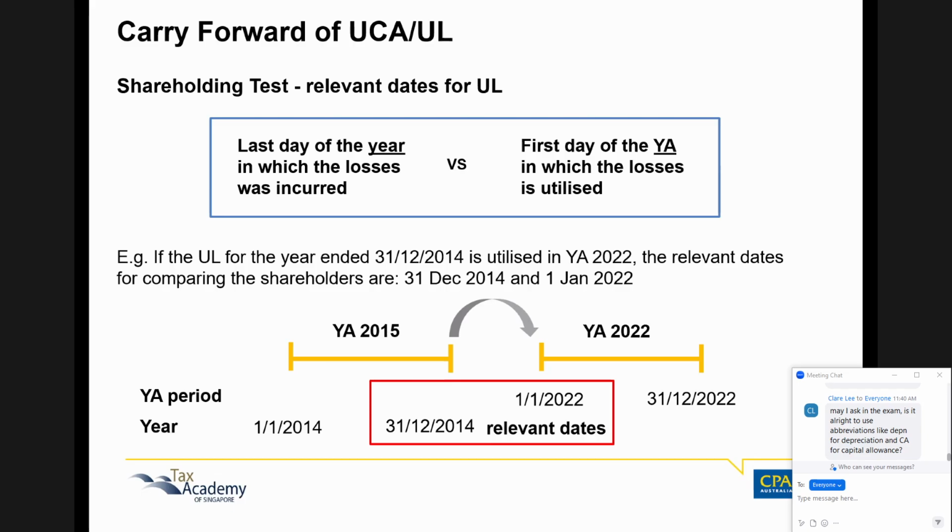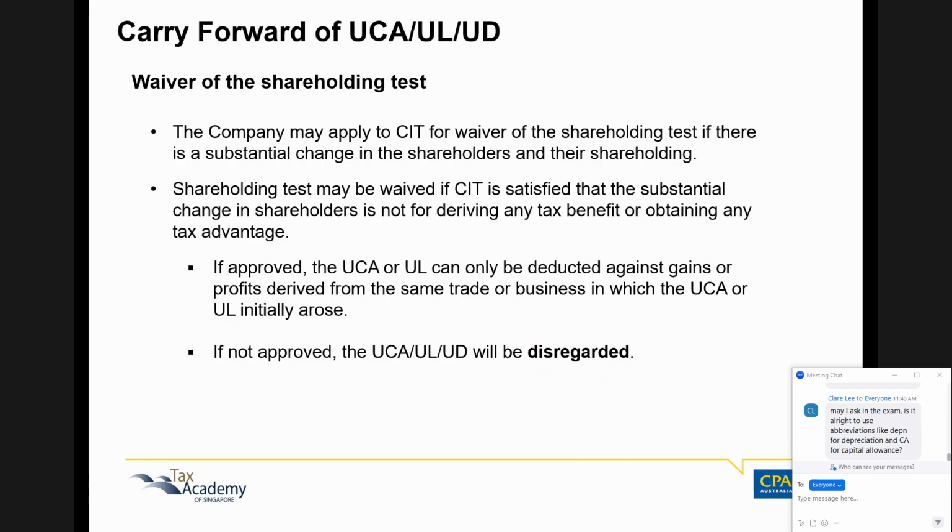But for losses, the year in which losses were incurred is a bit different. So in this example, UL for the year ended 31st December 2014 is utilized in YA 2022. The dates that we look at are 31st December 2014 versus 1st Jan 2022. This is for info, you won't be tested on this in that sense, but sometimes in your work, you may need to use it.